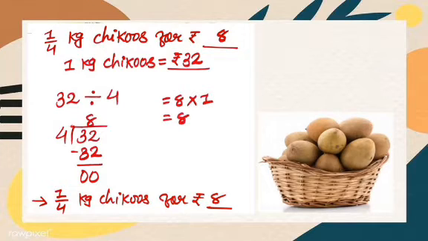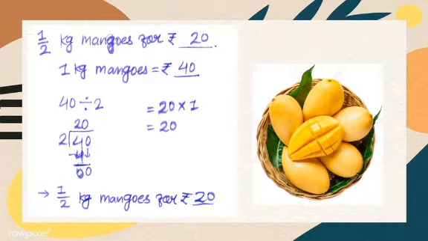Now our next example is mango. Here we take the example of mango. 1 upon 2 kg mangoes for, we don't know. So 1 kg mangoes is equal to 40 rupees. Means 1 kg mangoes price is 40. Okay, so 40 divided by 2. In table number 2, will 40 come? No. So what to do?